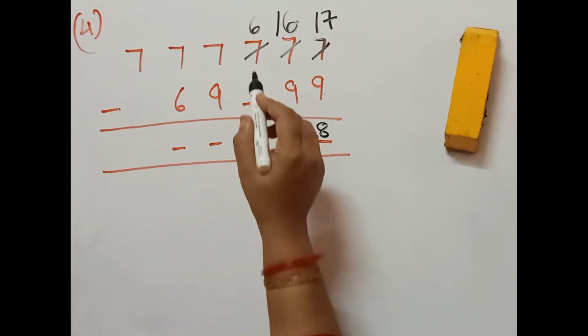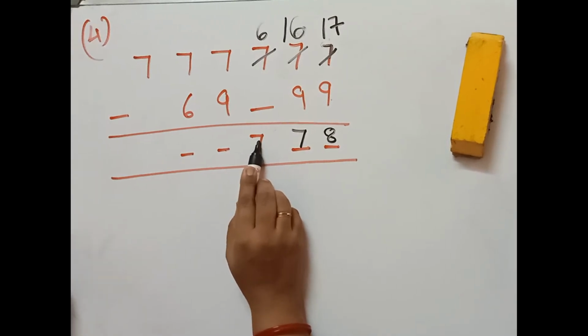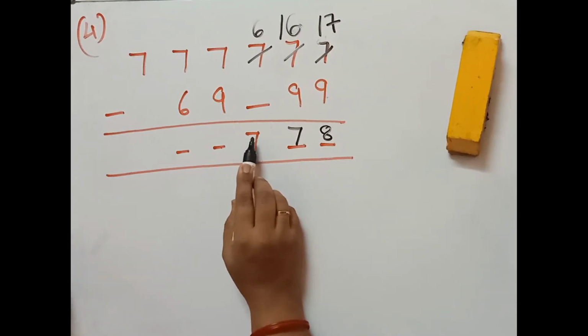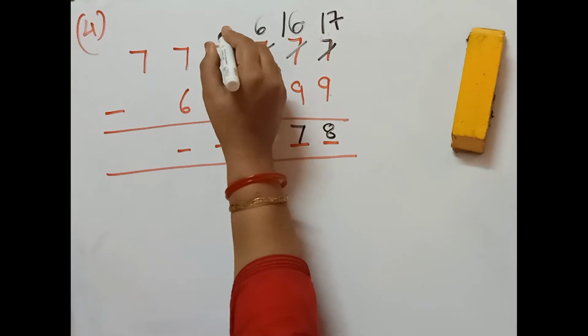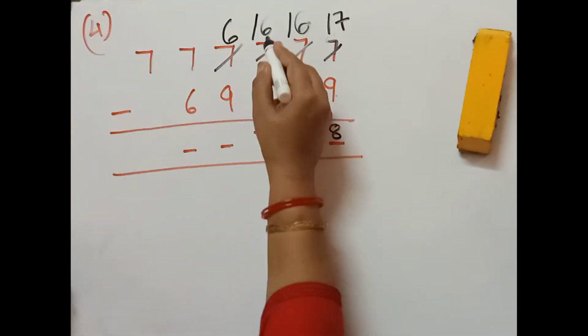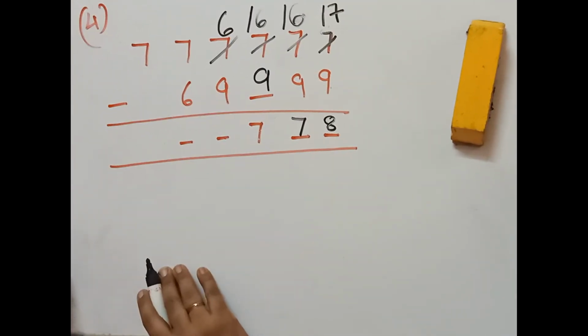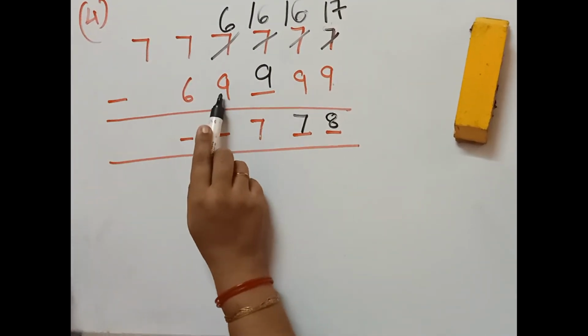7. Now from 6, if I am going to subtract 7, it is not possible. So again I have to take the number from here. It becomes 6, it becomes 16. So 16 minus 7, 9. Now here 6, again I am not able to subtract.